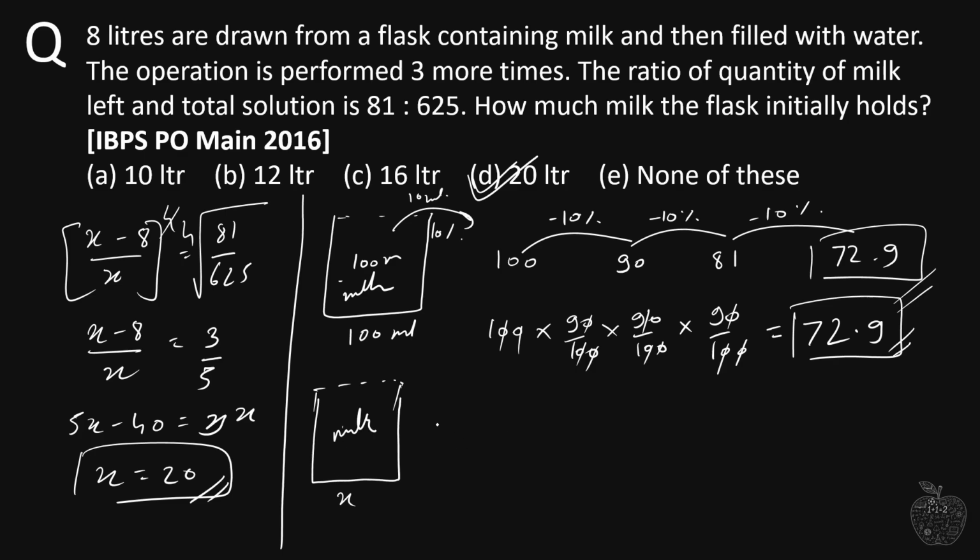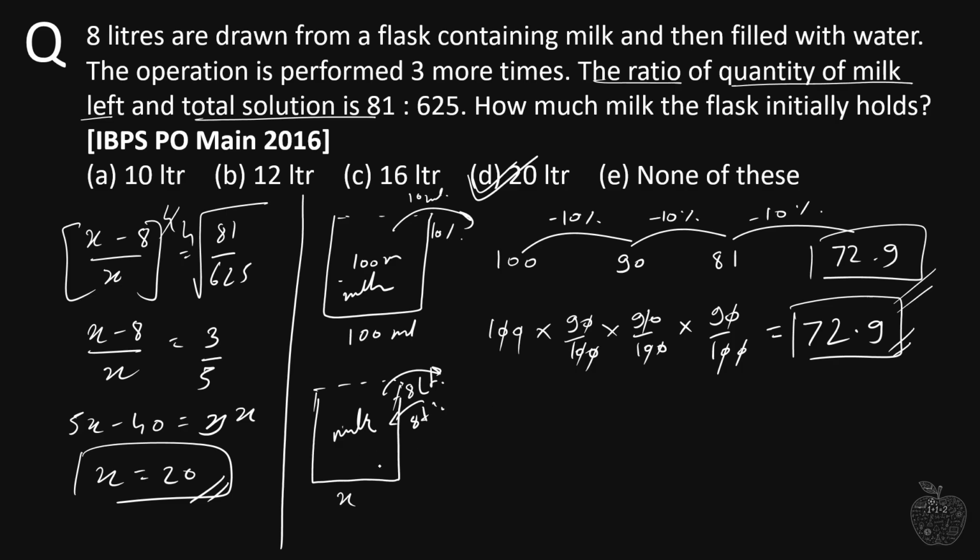Now 8 liters are drawn, so 8 liters of milk is gone, and 8 liters of water is added. In the above example we were talking about the volume, but in our example the ratio is given of quantity of milk left and the total solution. So we'll deal with that only.